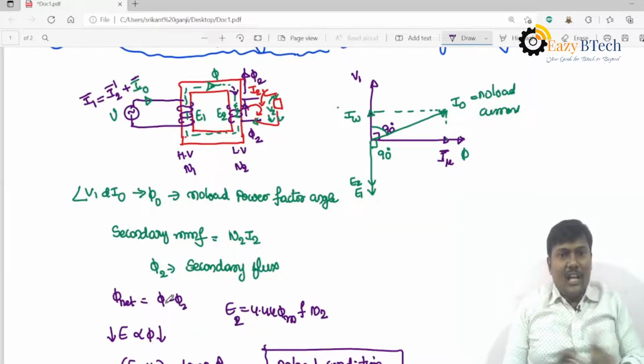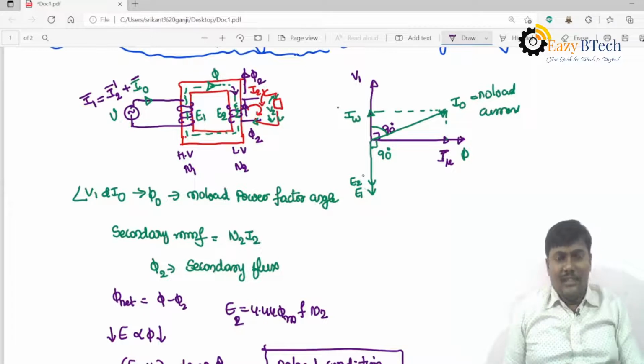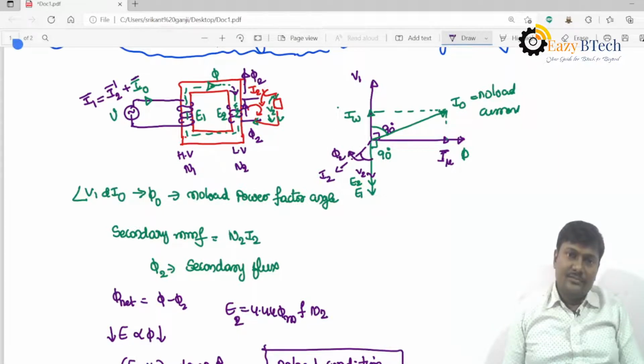So for a lagging load, if I take E2 and V2 both in the same phase, by neglecting the small angle, for a lagging load the load current I2 lags at an angle of phi 2.